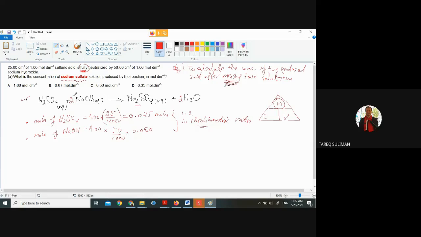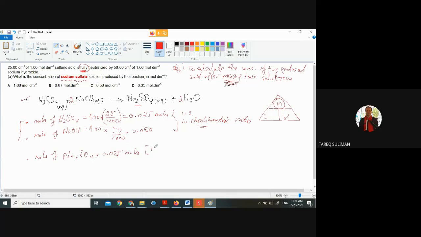Now we can use what? This is the same step. Then we calculate the number of moles of what? Of Na2SO4. What is the number of moles of Na2SO4? It equals 0.025, same as the number of moles of H2SO4. Why?